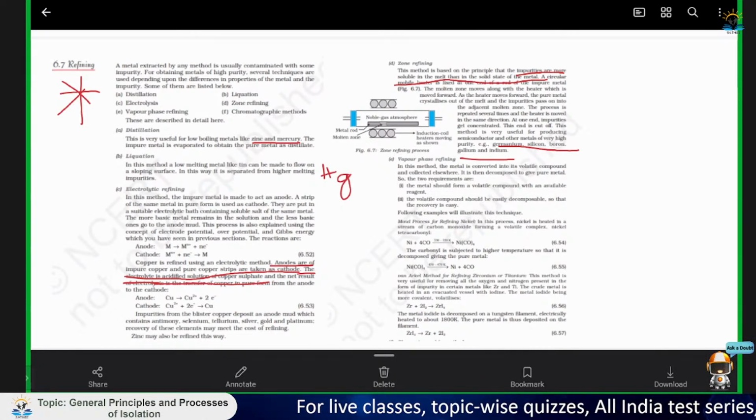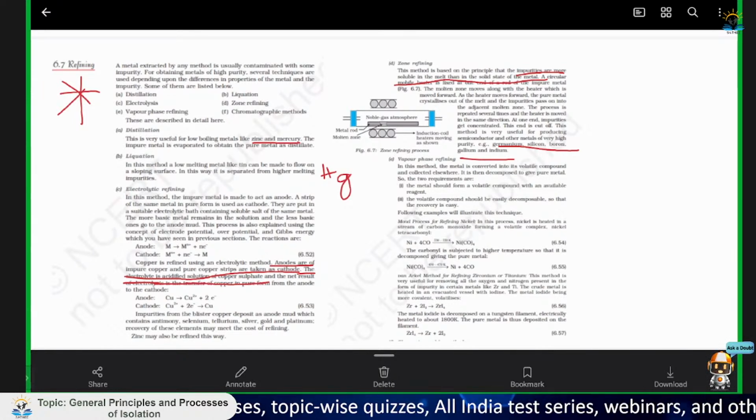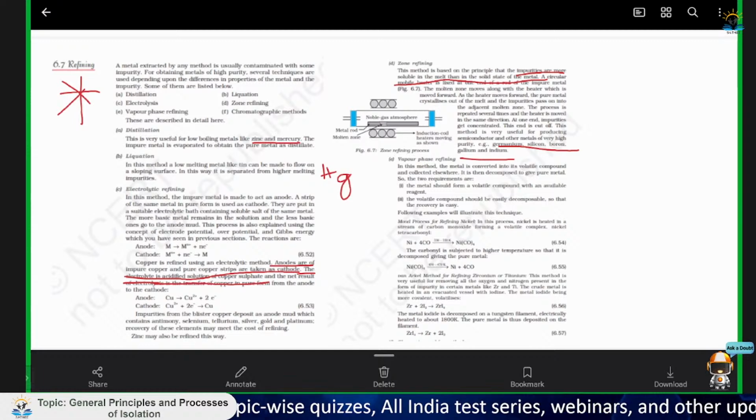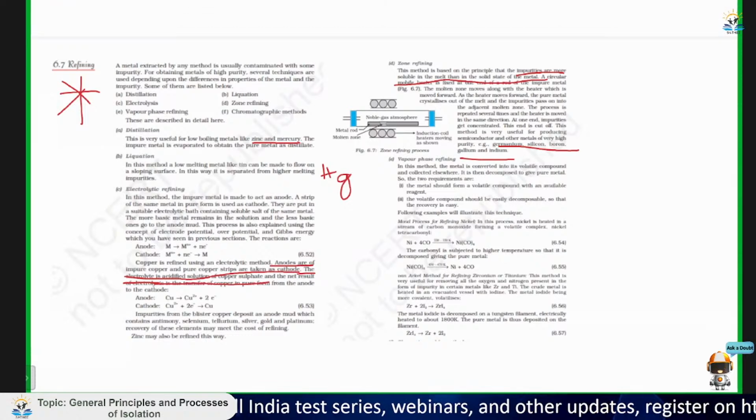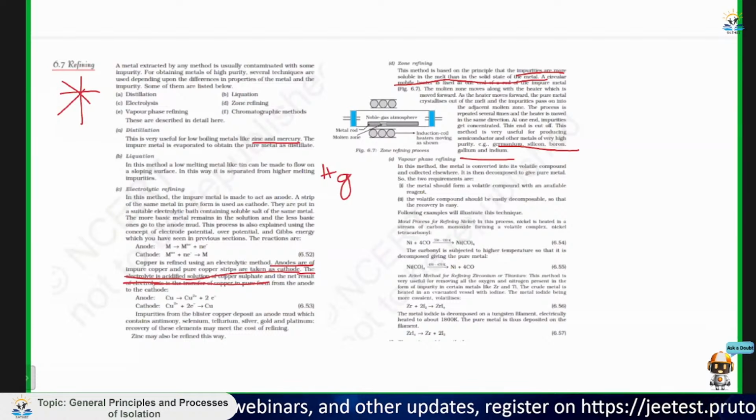The volatile compound should be easily decomposable so that the recovery is easy. Basically, we need a low sublimation point, a metal derivative, and that metal derivative should be easily decomposed.